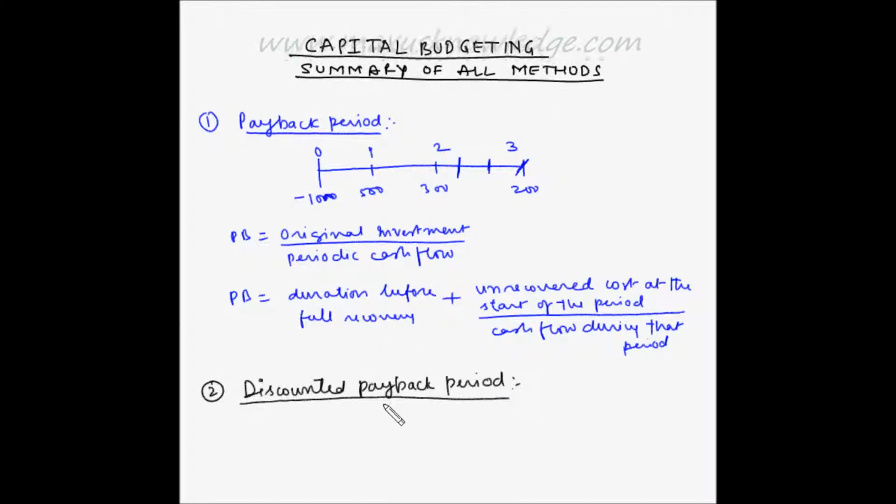However, in this method, the time value of money is taken into consideration. So the cash flows are first discounted at the cost of capital, and then we find out within how many years the investments will be recovered.